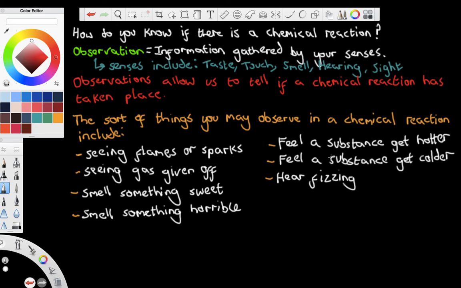But at the same time, you might hear a loud bang. Okay? You might even be able to see a colour change. So, seeing a colour change.